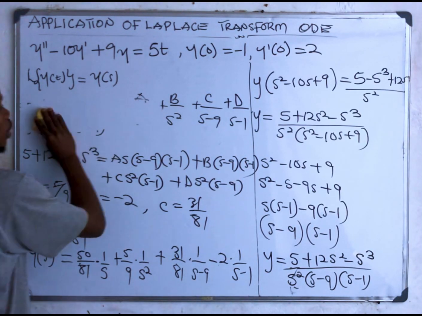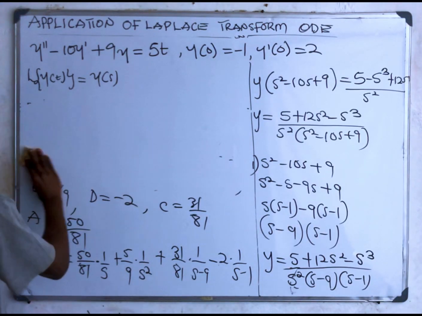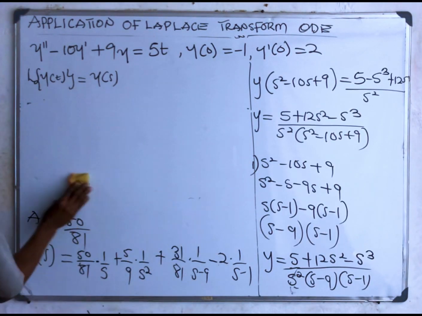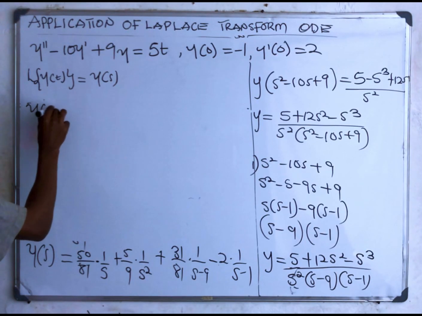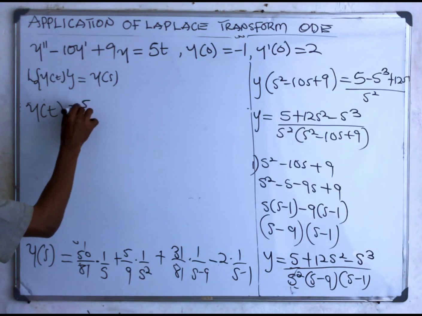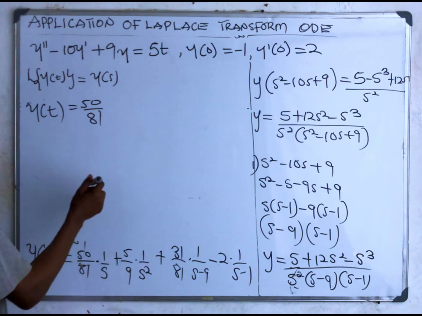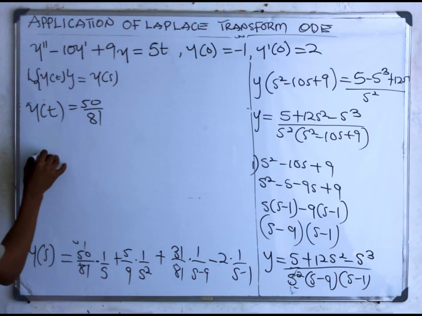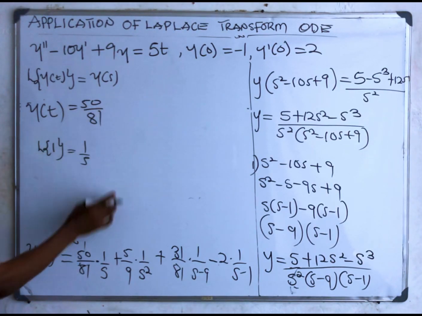So let me clean this side. I'm going to transform this back to t. So if I transform it, I have 50/81. From the table, 1/s gives me 1, so 1 times this will give you the same thing.